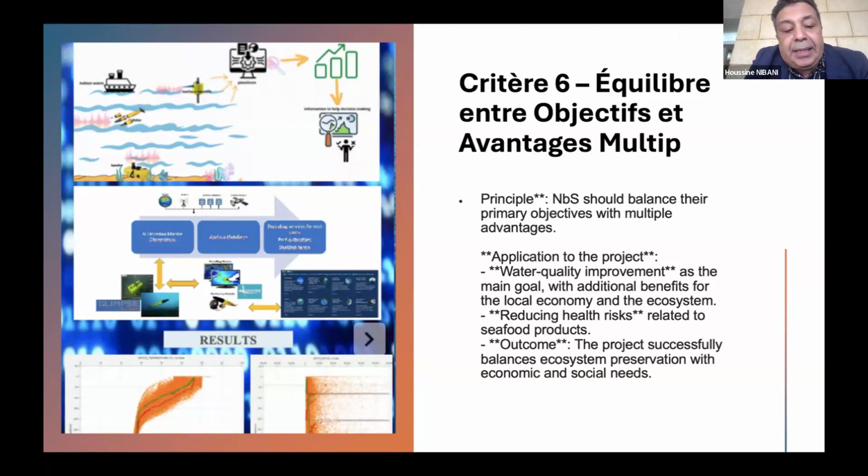So using this data, we are trying to measure the quality of the water and to prove where the pollution source is, to work with the other departments of water, for example, the water agency, to find other solutions to stop this harmful activity around the MPE.